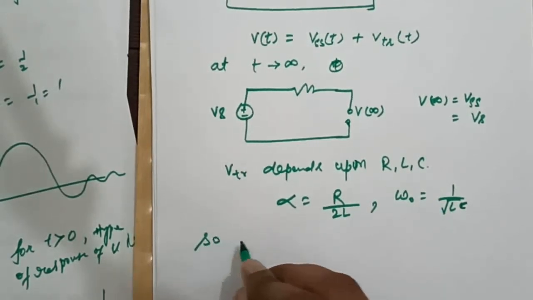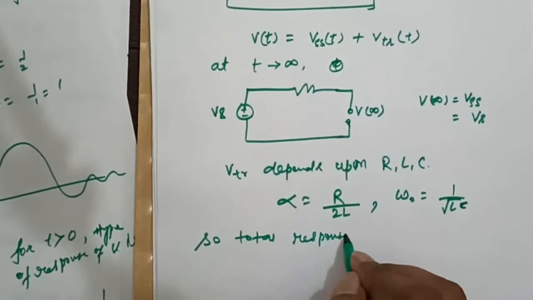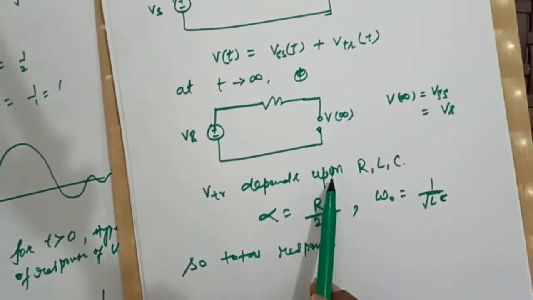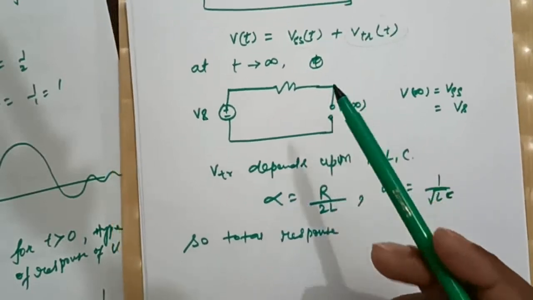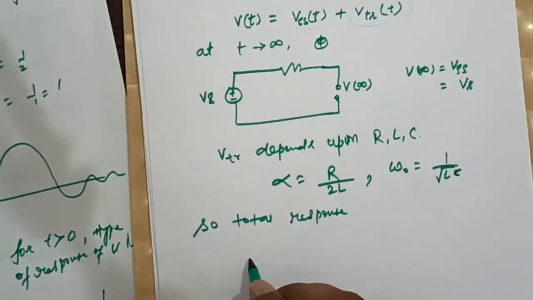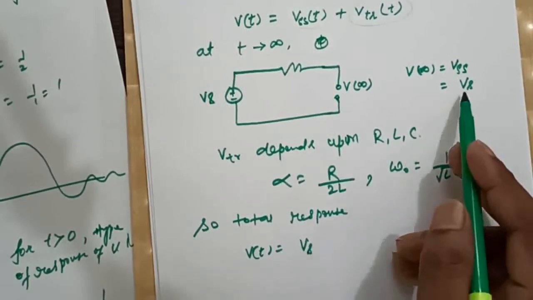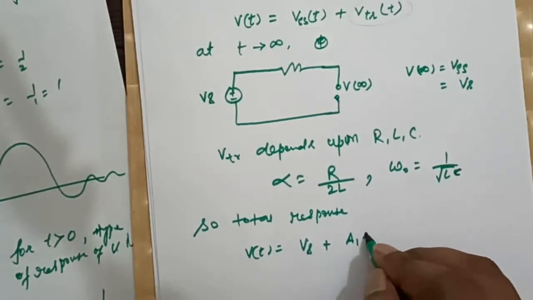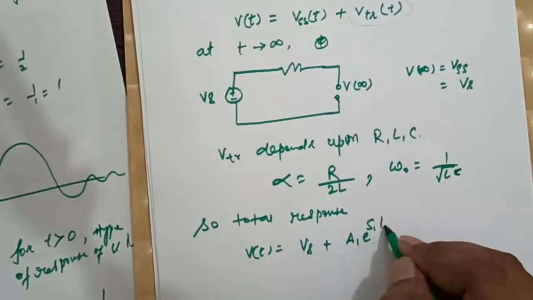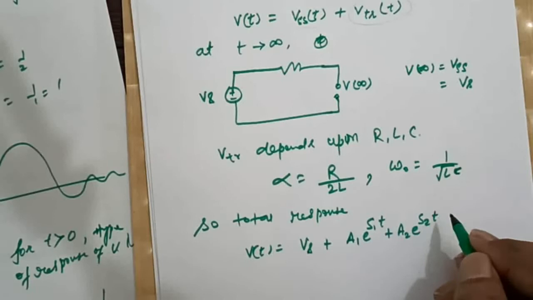So the total response will become the sum of the steady state response and the transient response, right? So V(t) will be the steady state response, which is Vs, plus A1 e to the power S1t plus A2 e to the power S2t.